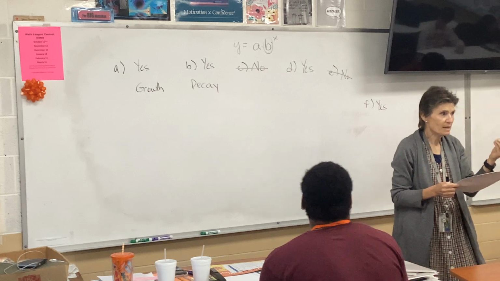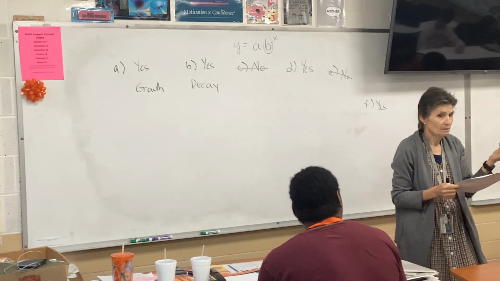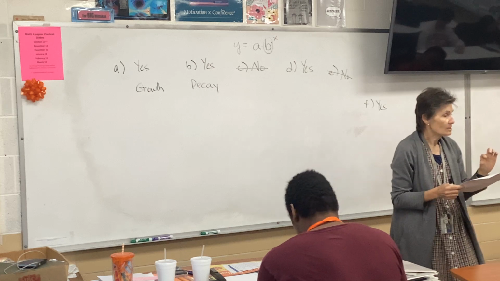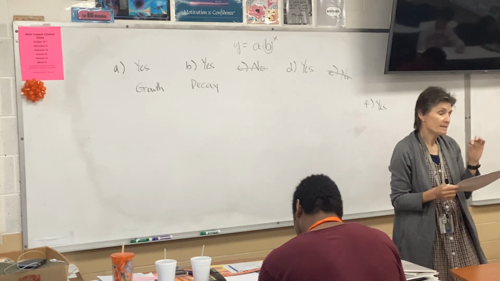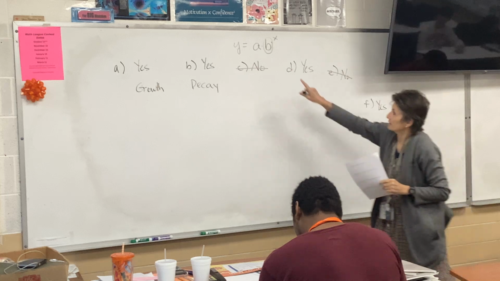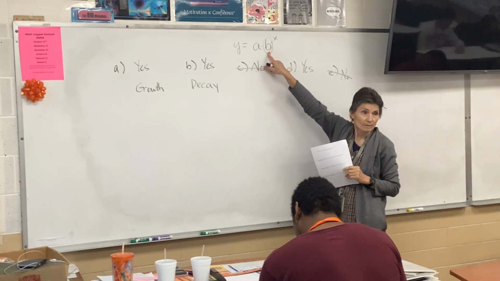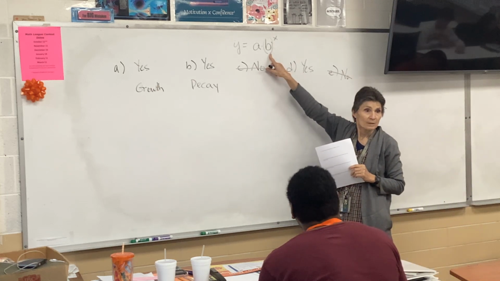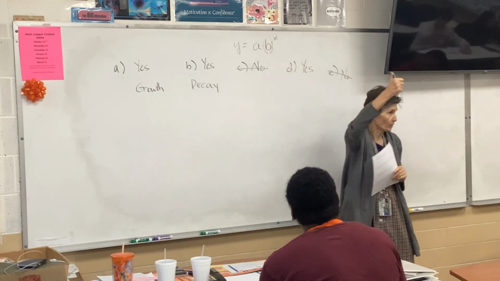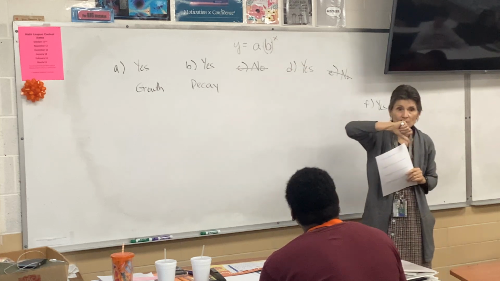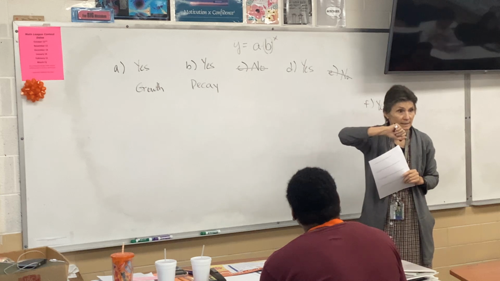What happens when you take 0.8 of something? It goes down. So that's decay. So how do you tell if you're growth or decay? You look at this number right here, the one with the x. If it's bigger than 1, you're going to grow. If it's less than 1, you're going to decay.